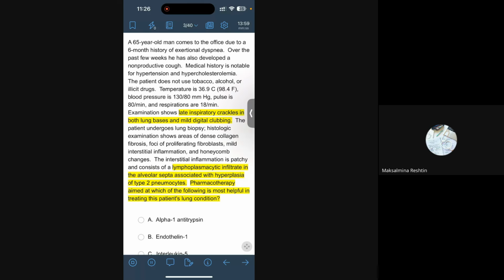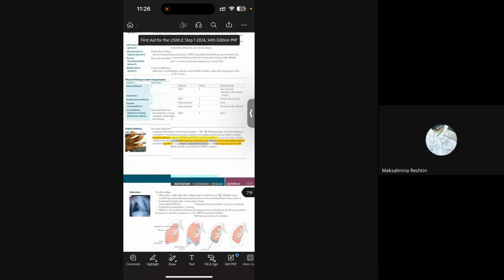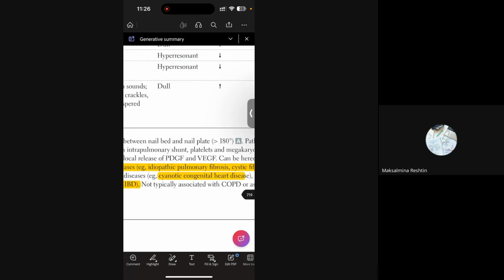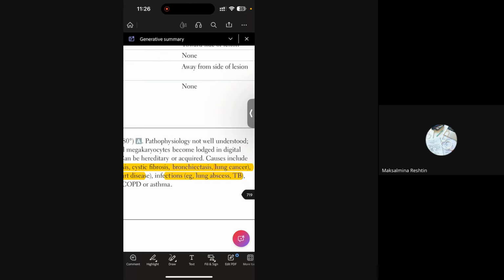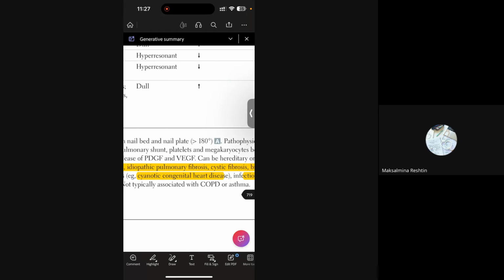Let's first try to find the diagnosis here. Digital clubbing in respiratory diseases: idiopathic pulmonary fibrosis, cystic fibrosis, bronchiectasis, and lung cancer. It can also be lung abscess and TB. And we know it is a restrictive lung disease, so it should most likely be pulmonary fibrosis. On the histology, there is fibrosis occurring here.